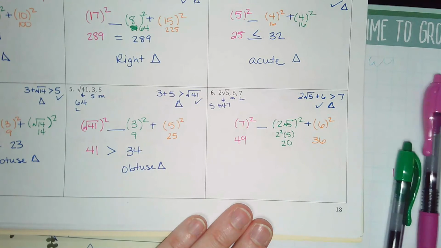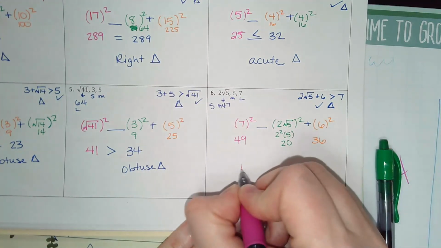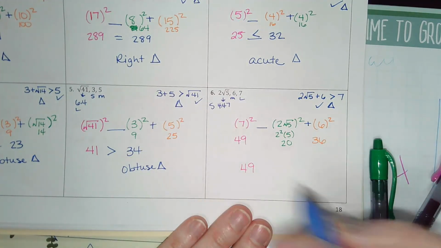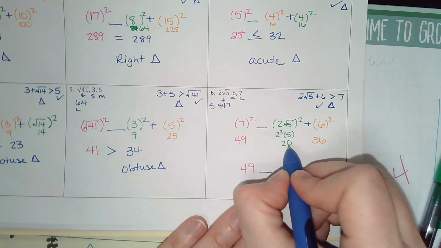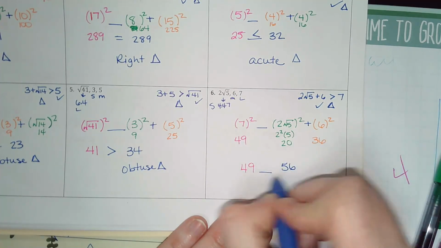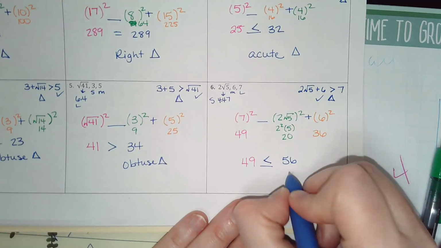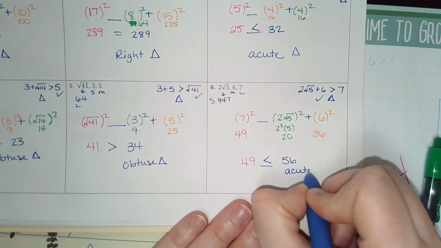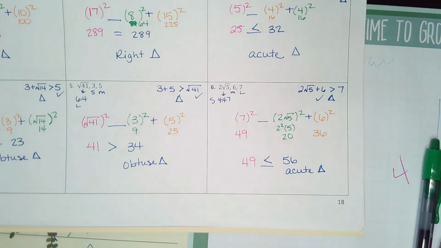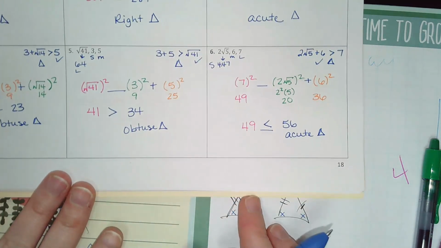So I'm going to compare 49 compared to 20 plus 36, which is 56. 56 is bigger, so this is an acute triangle. Now, all of these work, so when all these work, that means everything works.